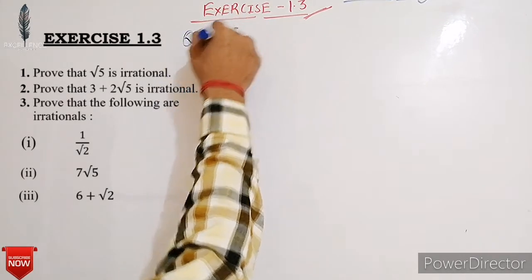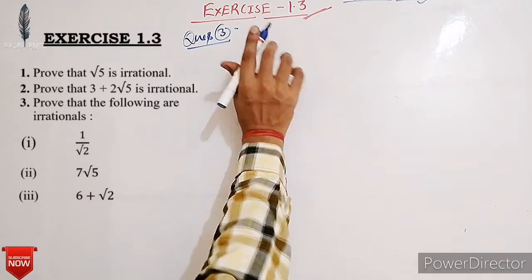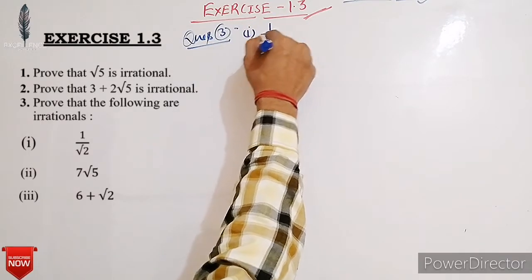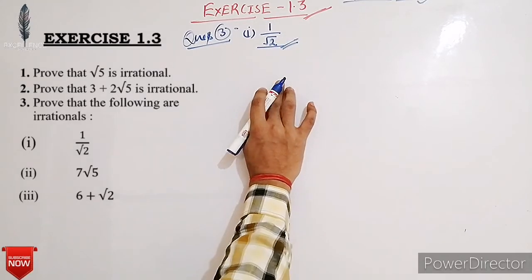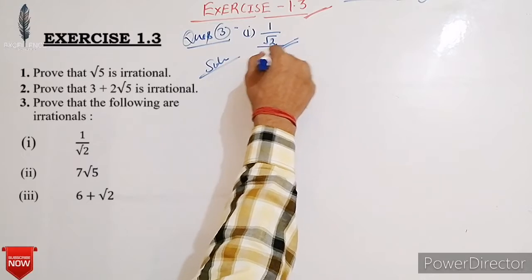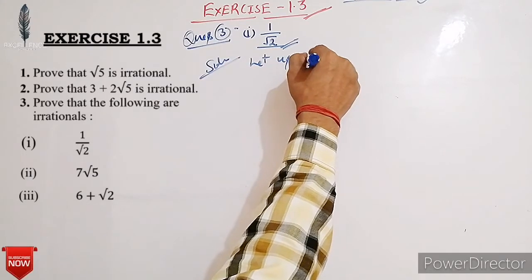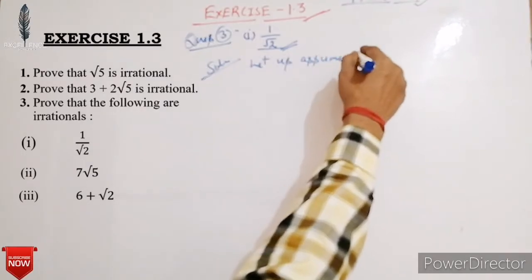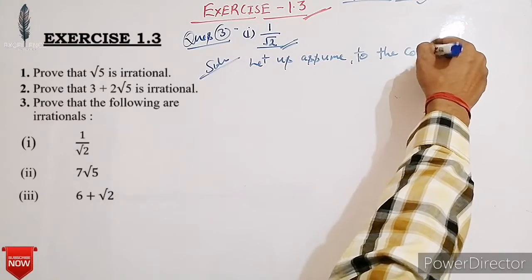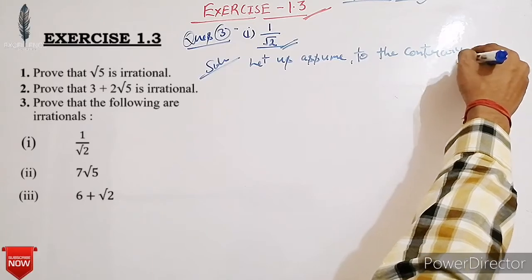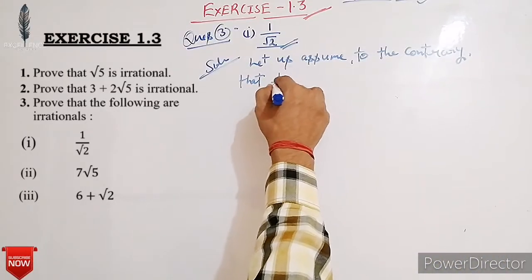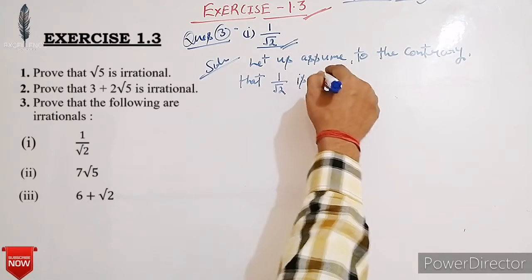Question number 3. Prove that the following are irrationals. Here first is 1/√2. Okay. So here let us assume to the contrary that 1/√2 is rational.